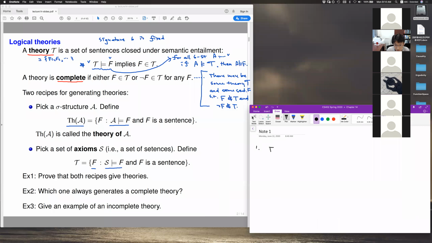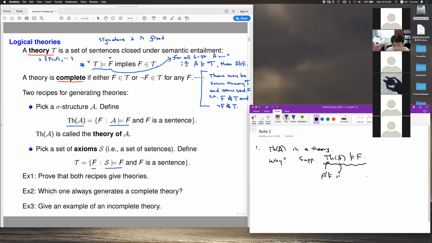Suppose we have some sentence F such that TH of A entails F. The definition of semantic entailment is that any structure satisfying the left-hand side also has to satisfy the sentence F.